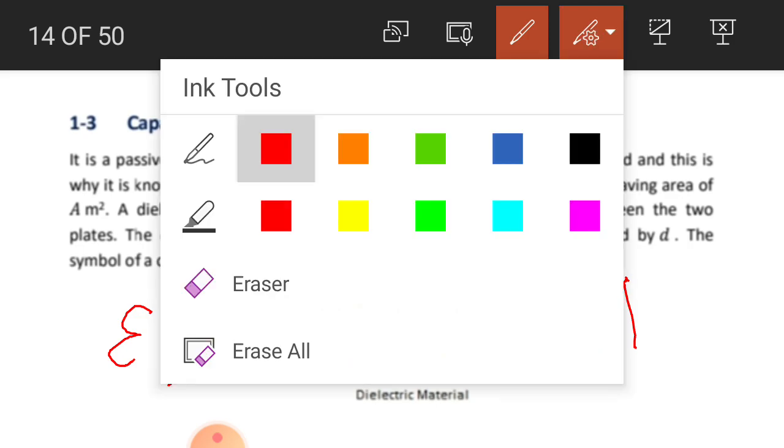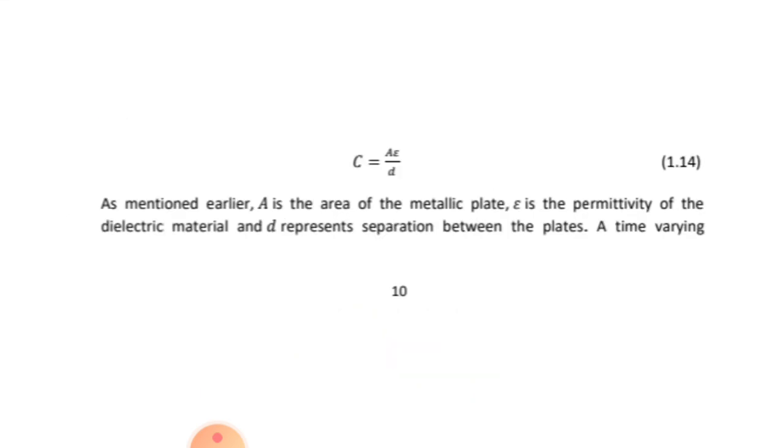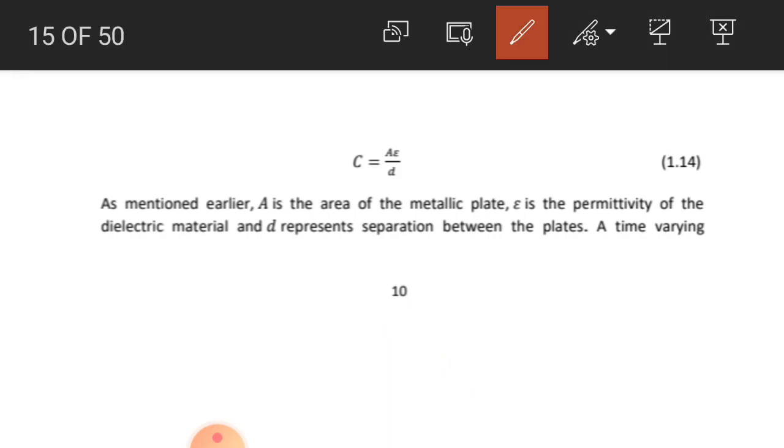The distance between the two plates of the capacitor is represented by d. The separation between the two plates of a capacitor is represented by d. If we want to find the capacity or the capacitance of a capacitor, we can find it with the help of this particular equation. There are 3 parameters.